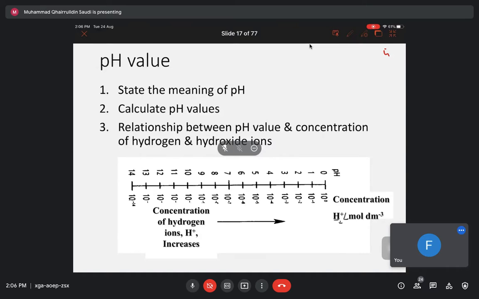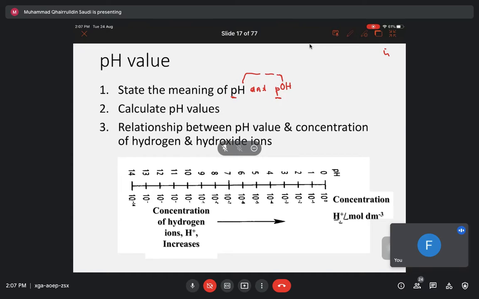Okay, for pH value subtopic, you have to know the meaning of pH and pOH. Okay, notice the P here is lowercase, while the H and OH here is uppercase.